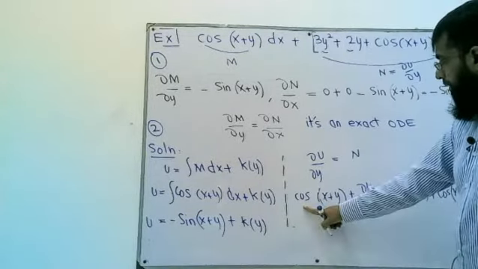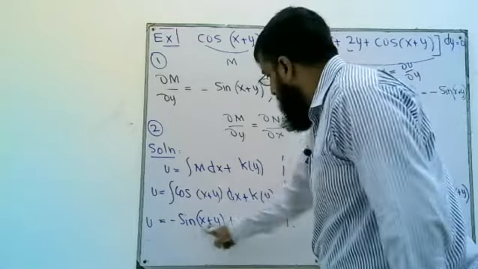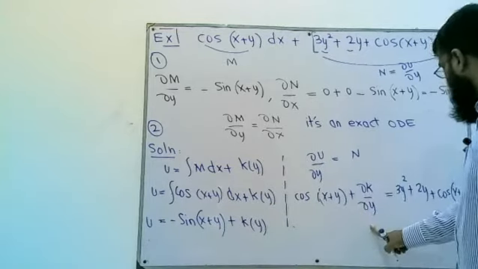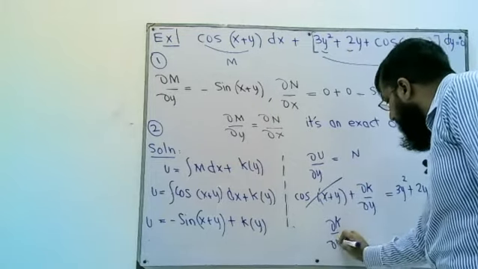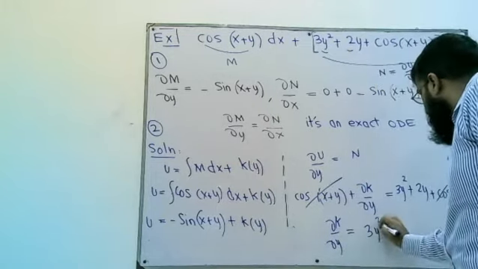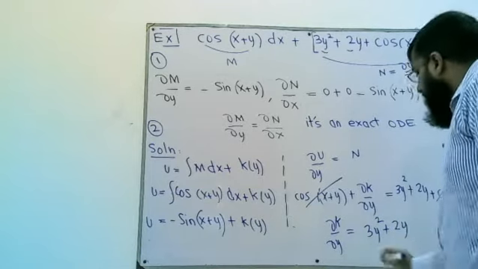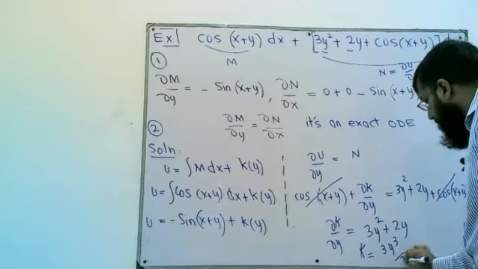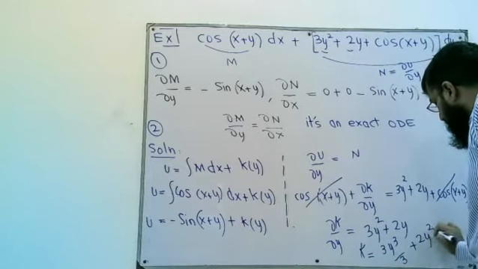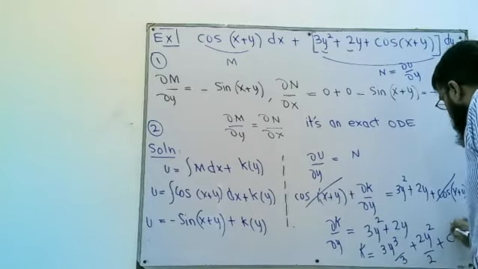And we have to put here partial u over partial y, and that is this plus partial k. So these two cancel, and partial k over partial y is 3y squared plus 2y, or k can be written equal to 3y cubed over 3 plus 2y squared over 2 plus some constant.